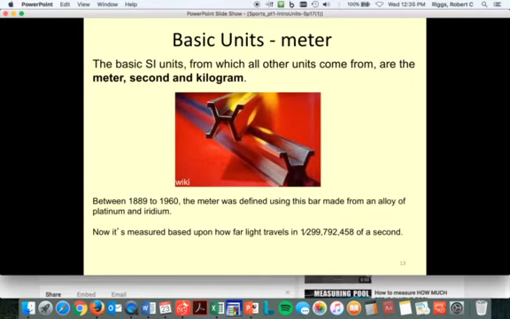Now it's measured based upon how far light travels within an amount of time, which is actually the inverse of the speed of light. Because we know how fast the speed of light is. We've measured that. But for our purposes, we use 3.0 times 10 to the 8th meters per second, okay?